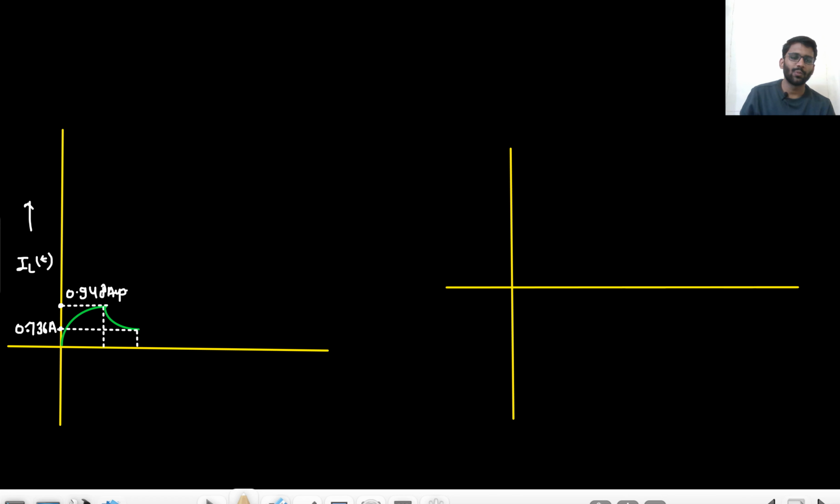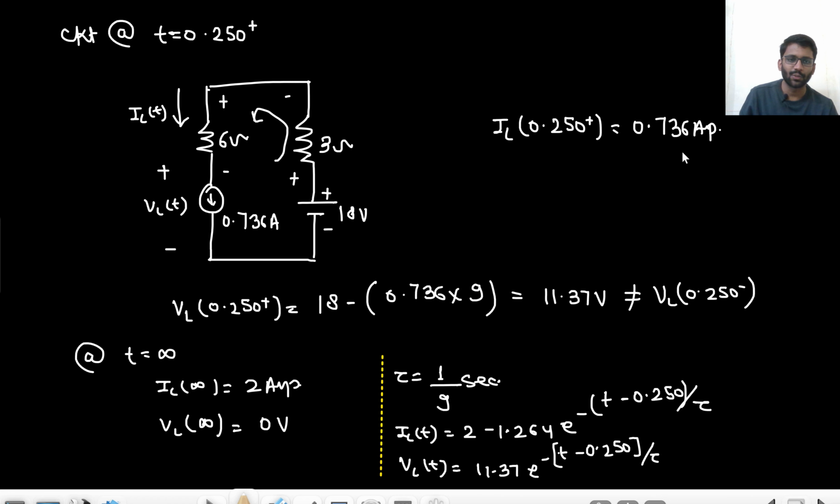Then what happens? From 0.736 it is rising up to 2 ampere.